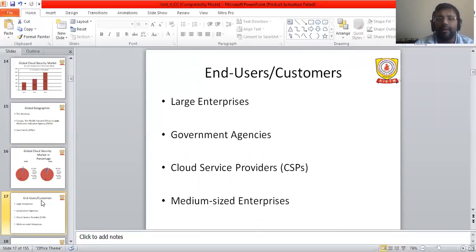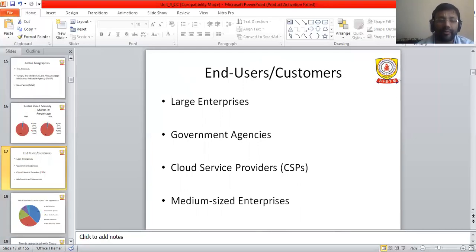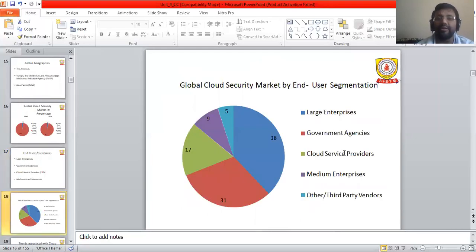Now the end users and customers: large enterprises, government agencies, cloud service providers, and medium-sized enterprises are the customers and end users using these cloud security services globally and locally. In this wagon wheel, we have the global cloud security market by end user segmentation.